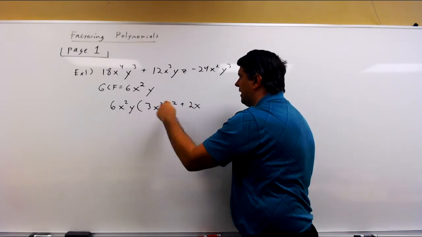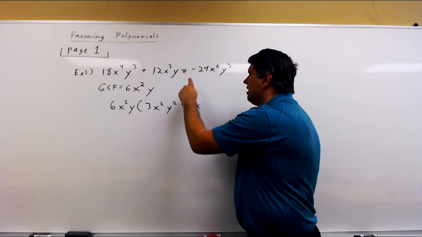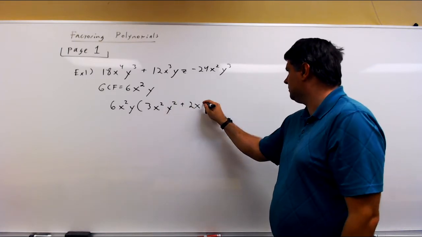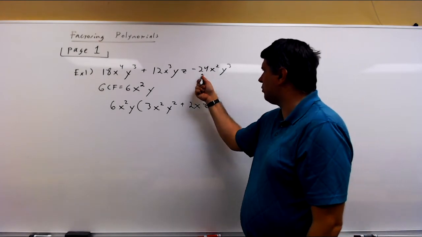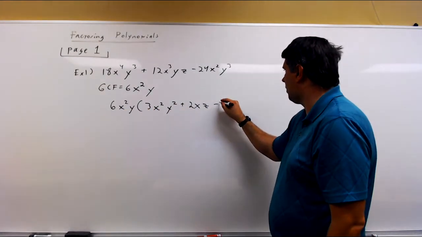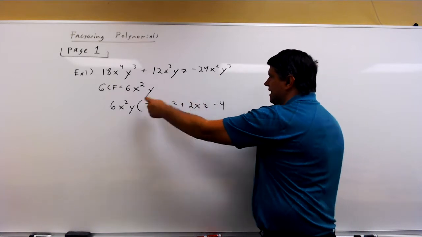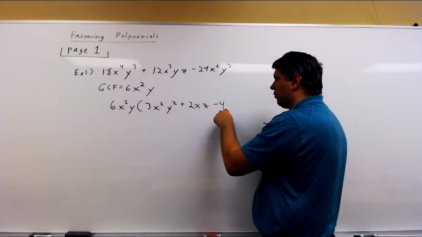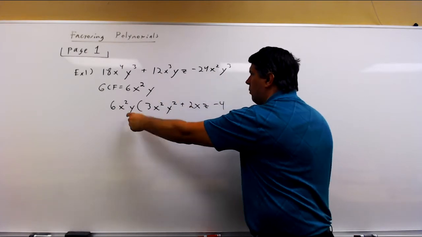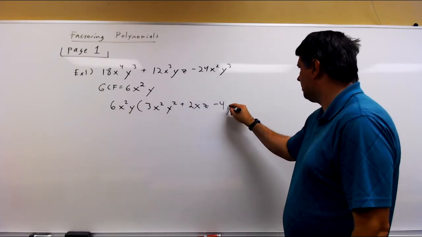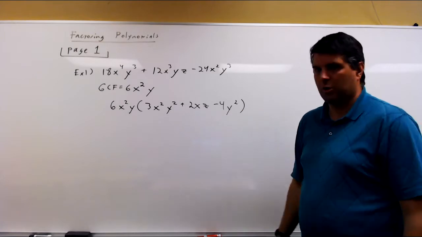Y divided by y is 1, and 1 times 2x is 2x. The z is unaffected. Okay, and then negative 24 divided by 6 is minus 4. The x squareds cancel, leaving 1, and 1 times minus 4 is minus 4. Y cubed divided by y to the 1st is just y squared. Okay?